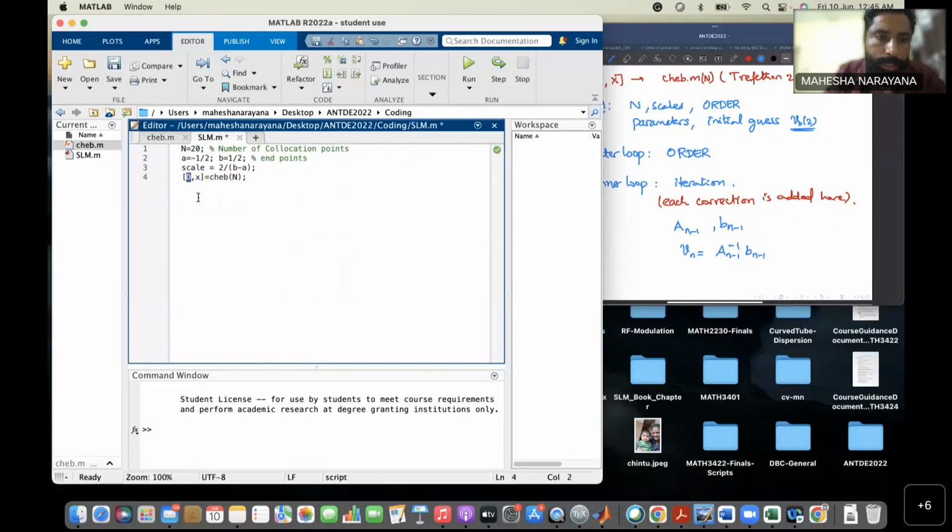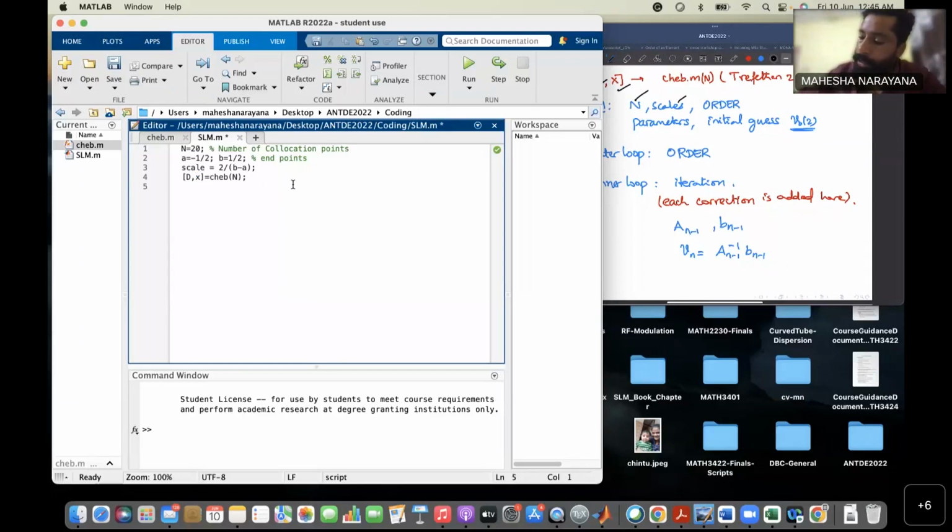All right, so that is done. So we have our D, we have X, we have N, we have scale, and we will define what are called the scaled matrices. Okay, so scale, I'll call that D1.